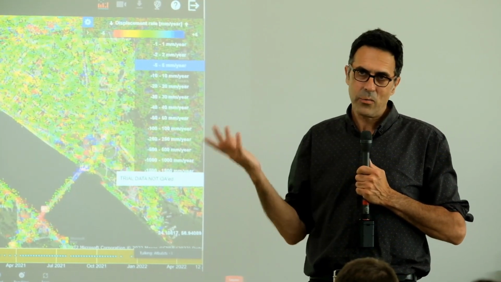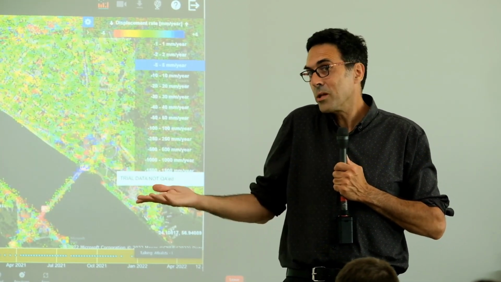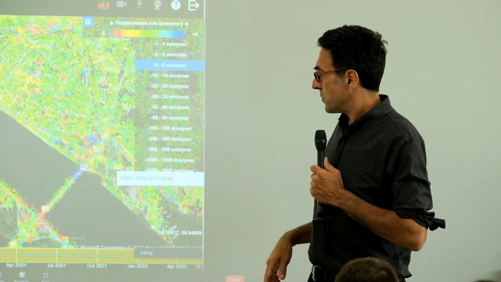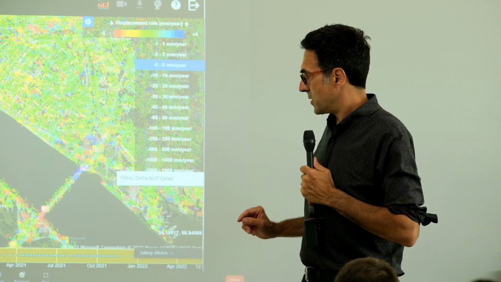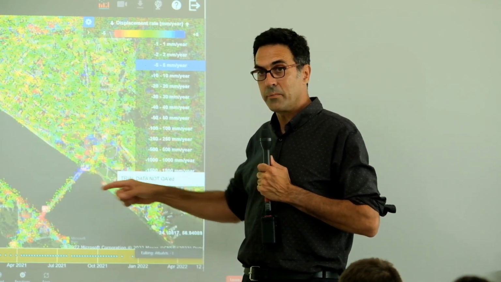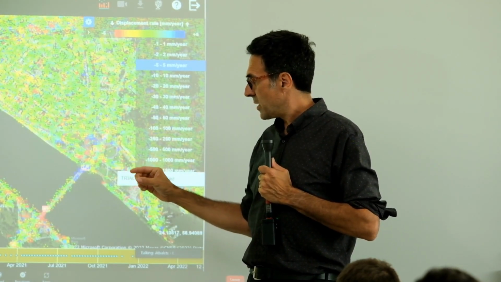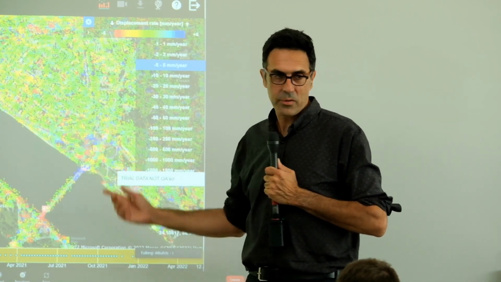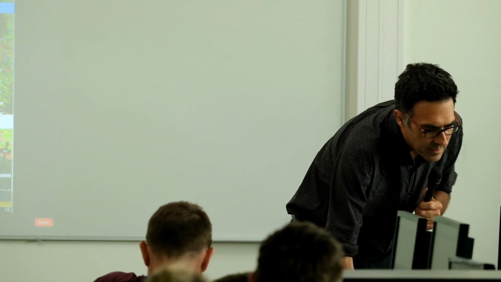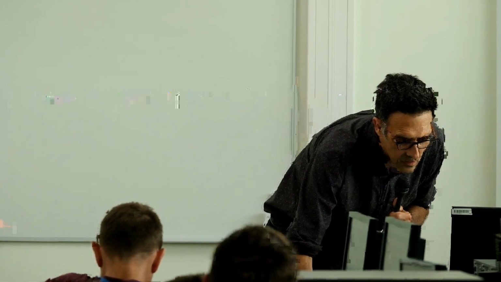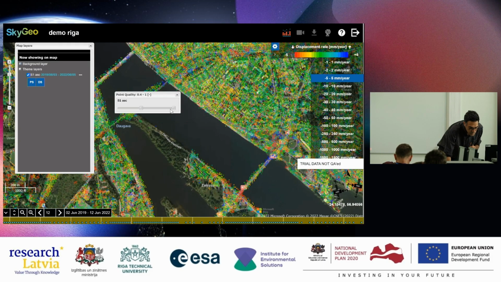It checks what fits best, and it depends on what you tell the algorithm to do. This has a lower quality probably because the deviations from the linear model are quite high. So if I changed the quality, the points would simply drop out. I'm pretty sure if I changed the point quality now to exclude the best ones here.